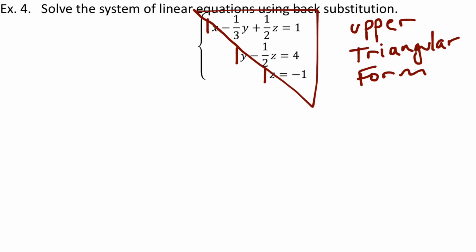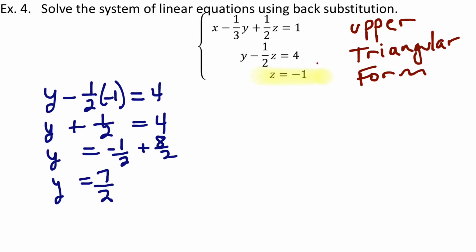All right, so the way that we solve these is by using back substitution. So we already know that z equals -1. So then we take that z value, and going backwards, we plug that into the second equation, and we can figure out what y is. So I substitute -1 in here for z, and I go all the way through here until I get y is equal to 7/2.